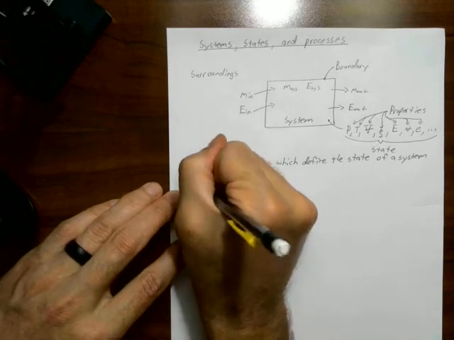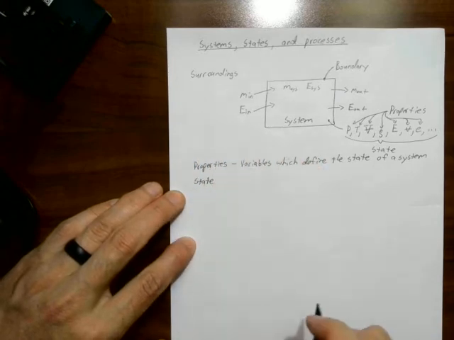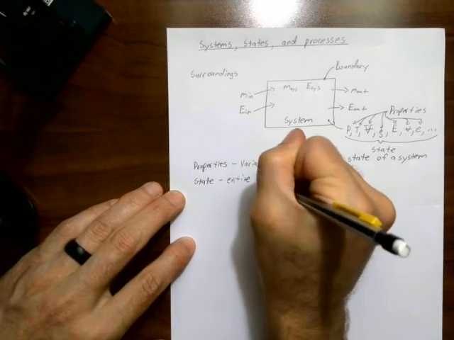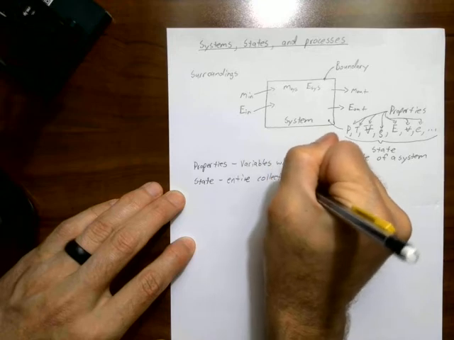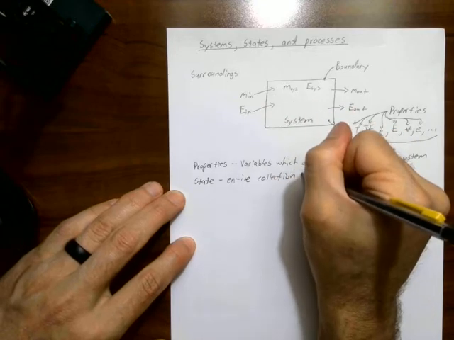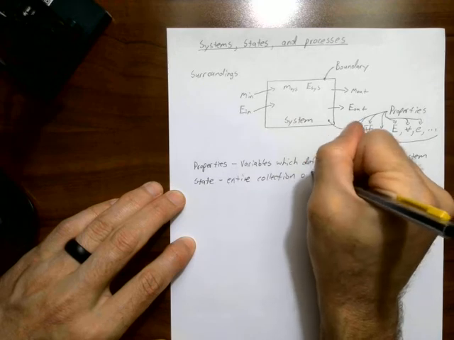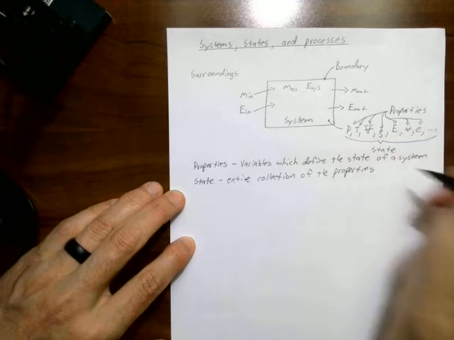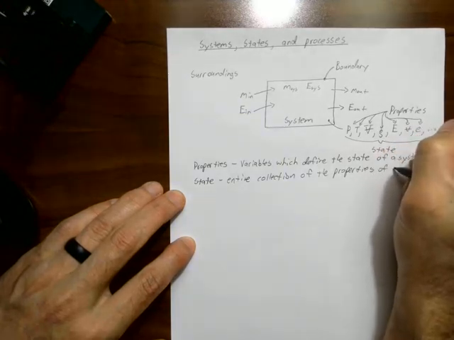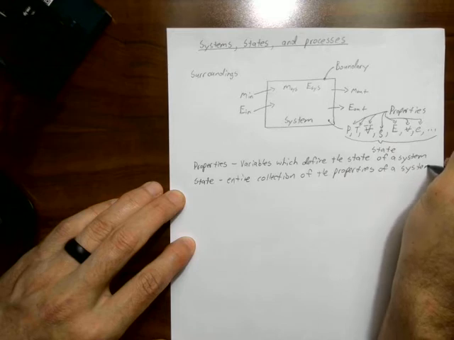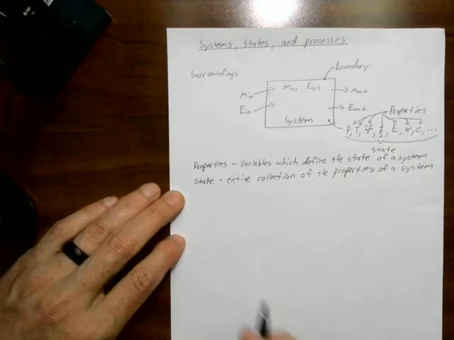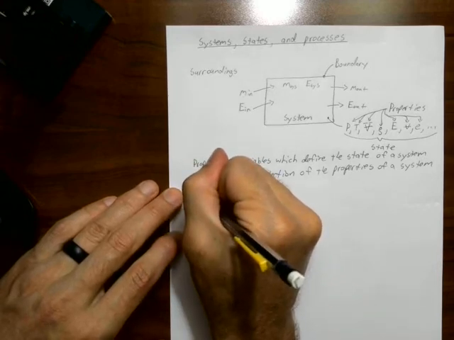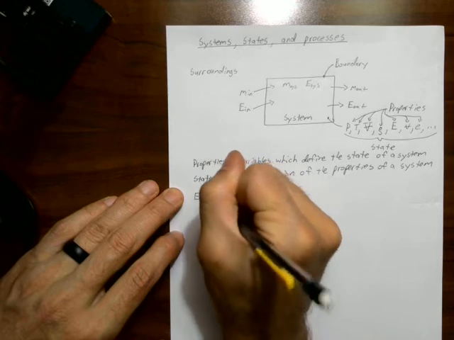And then the state is the entire collection of these variables, of the properties. Properties come in a couple different forms. They come in what's called an extensive property.